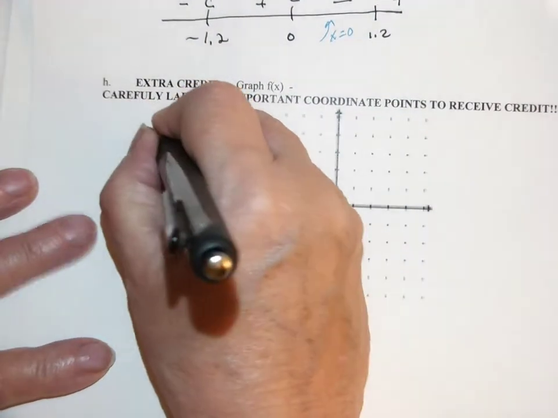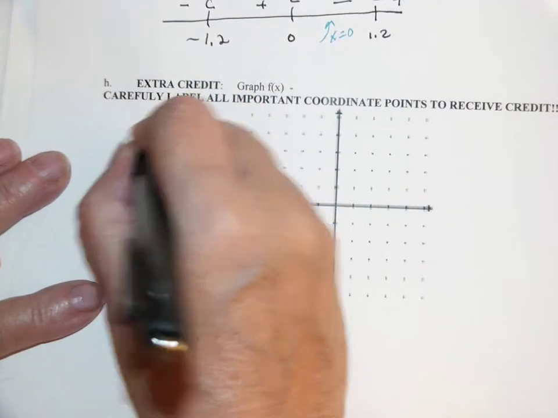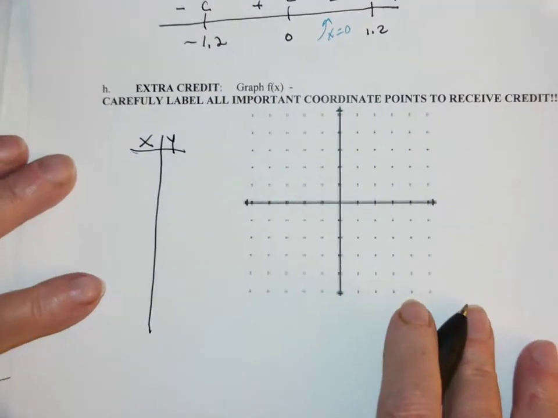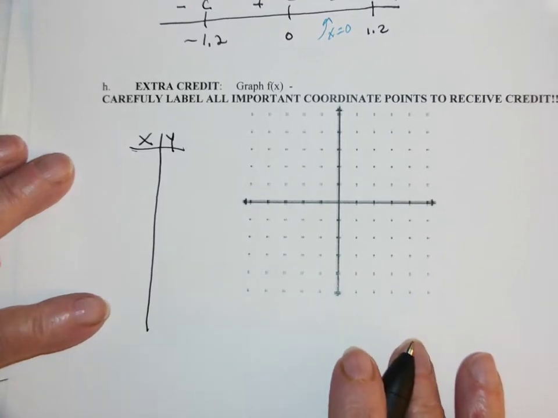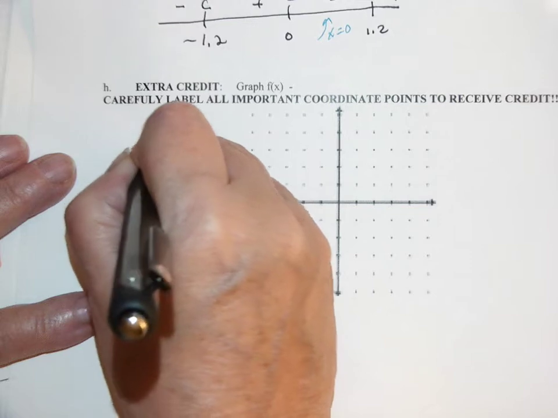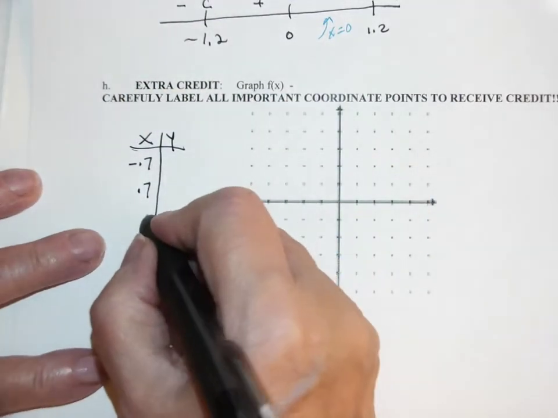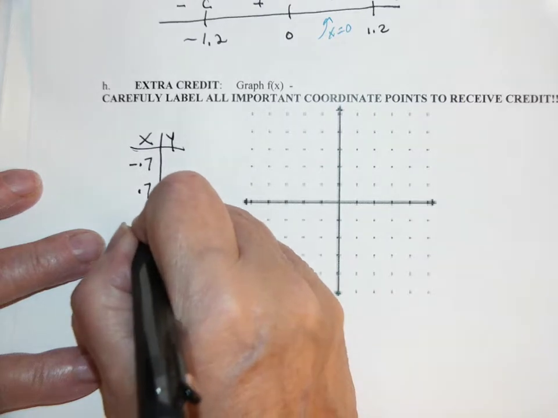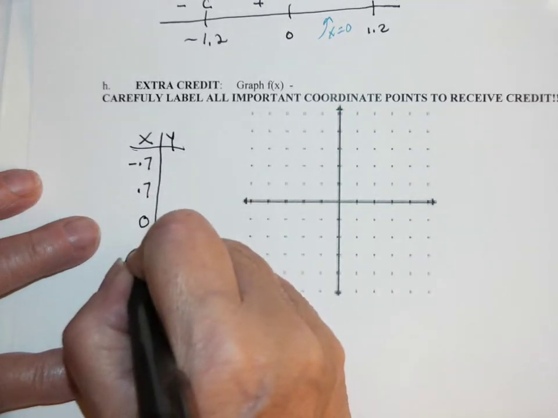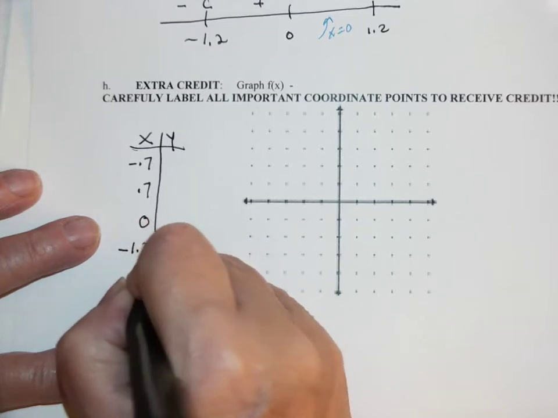Now to graph it, I'm going to put everything that I need. And I have my max and min, so I have a negative 0.7 and a 0.7. And I have my inflection points: 0, negative 1.2 and 1.2.